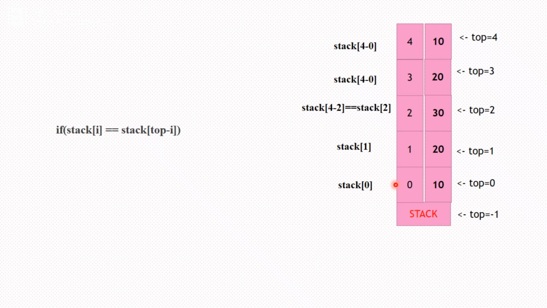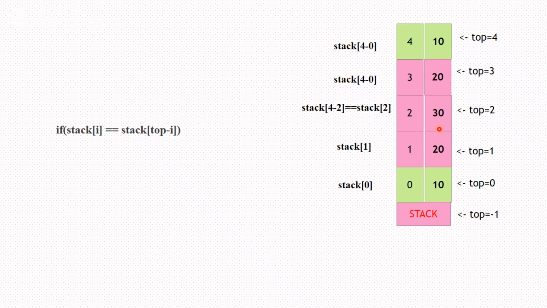How am I going to apply the operations? See, my aim here is to check these elements 10 and 10, then I am going to check 20 and 20, then I am going to check 30. So it's like you are folding the stack in half, and both sides need to be the same.